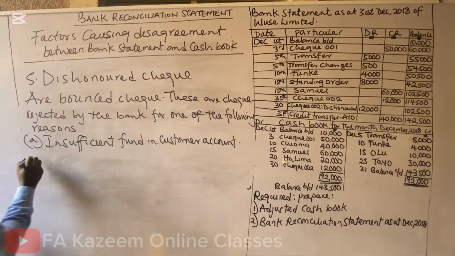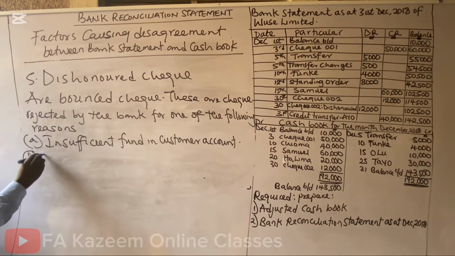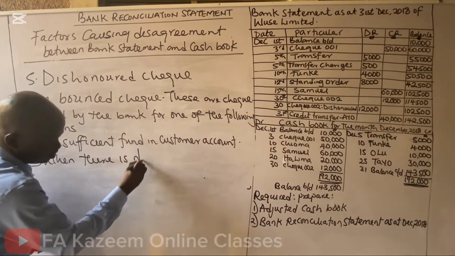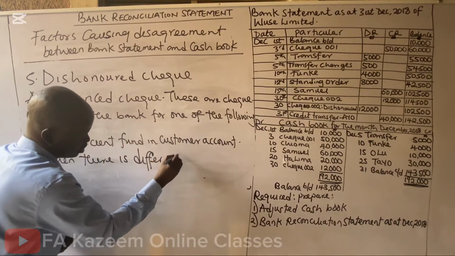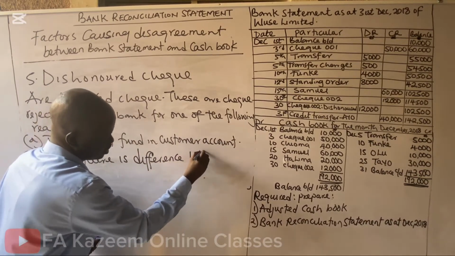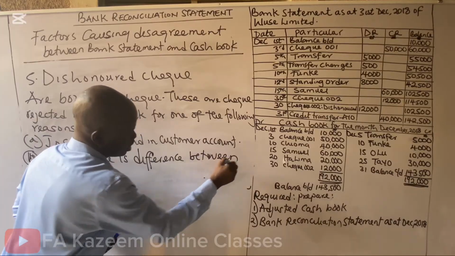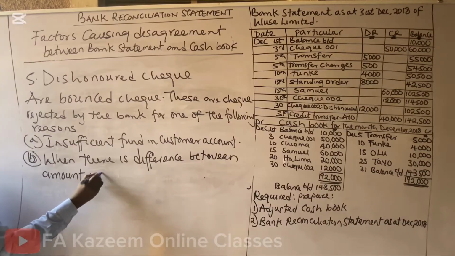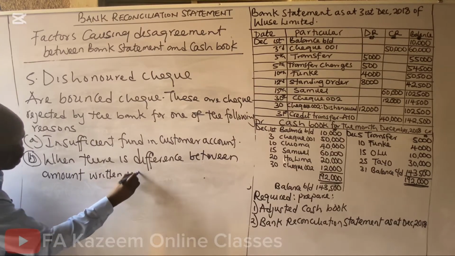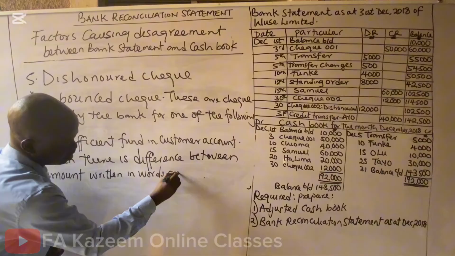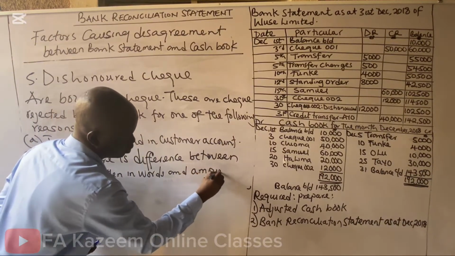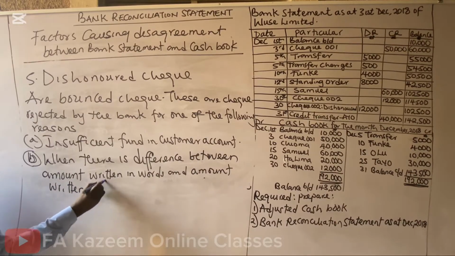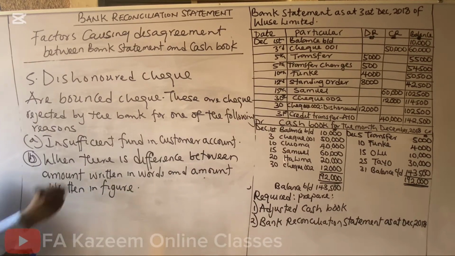2, when there is a difference between the amount written in words and the amount written in figures. Such a check will be rejected.